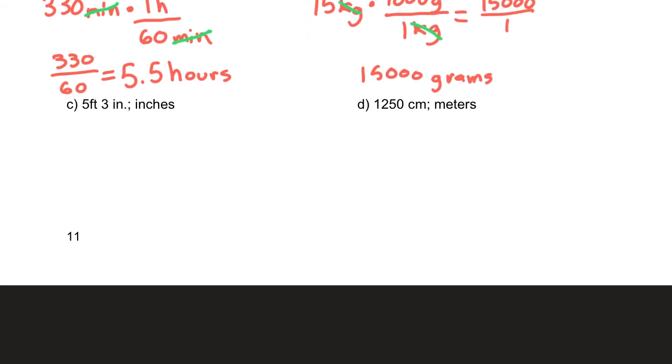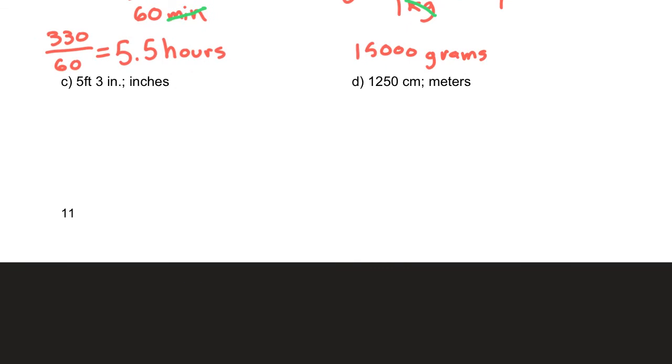Moving ahead, part C, 5 feet 3 inches converted to inches. First thing I'm going to know is I already have 3 inches, so I can represent this as 5 feet plus 3 inches. So to simplify this, I'm going to convert 5 feet to inches, and then in the end, I'm going to tack on 3 inches to whatever I convert, because I know there's 3 inches as part of that.